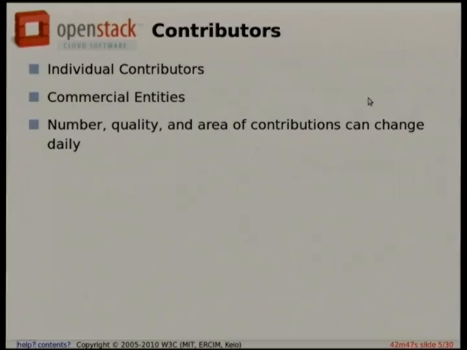OpenStack has a large number of contributors, 503 the last time we counted. Most of those come from companies where they're paid to work on OpenStack, full or part-time. Over the past few years, we've been getting just a huge influx of people. It seems every day there's somebody new working on the project.